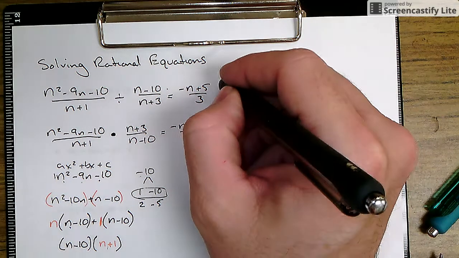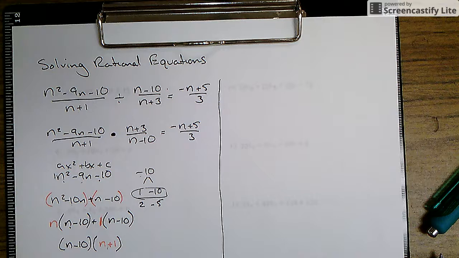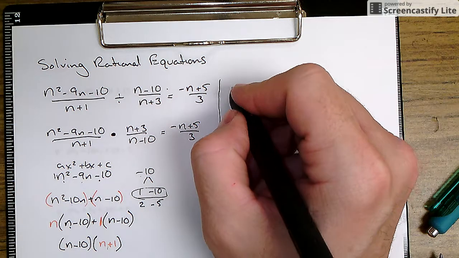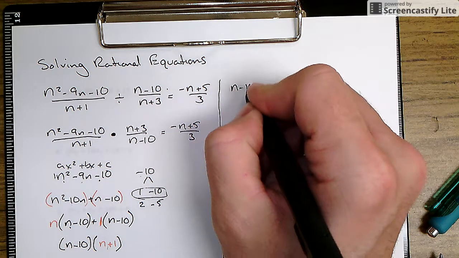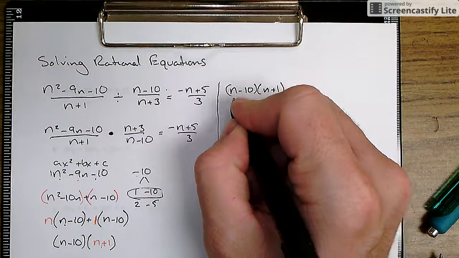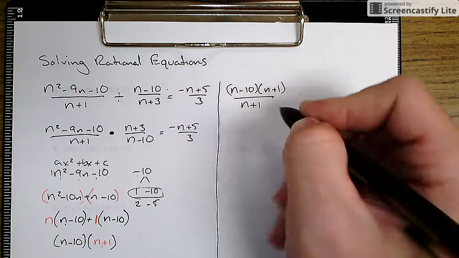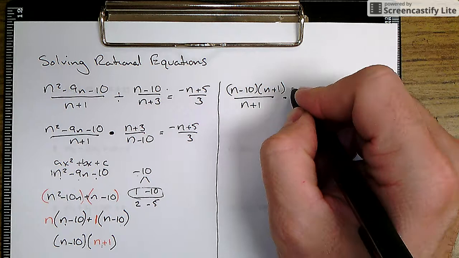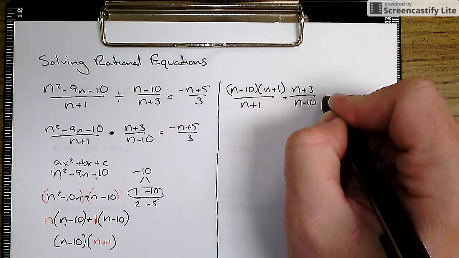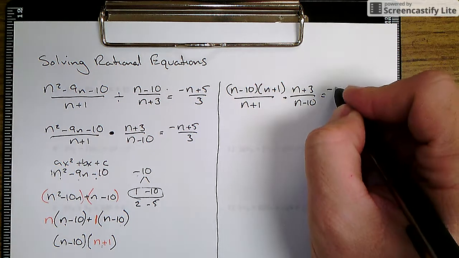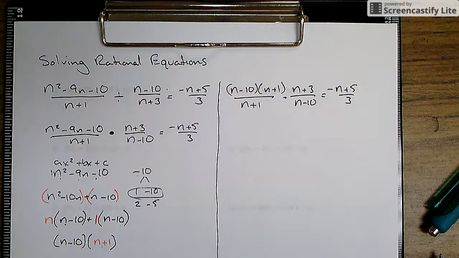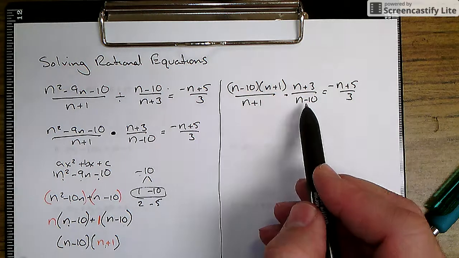So come over here, and let's rewrite our equation. So now I have (n minus 10)(n plus 1) over (n plus 1) times (n plus 3) over (n minus 10), still equal to (negative n plus 5) divided by 3. So before I go any further, I need to take a look at these two denominators.